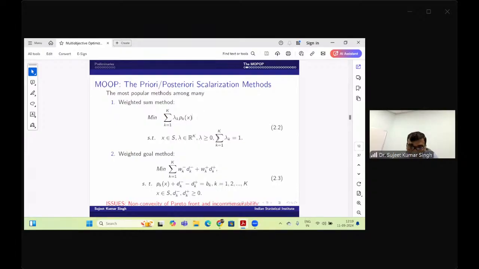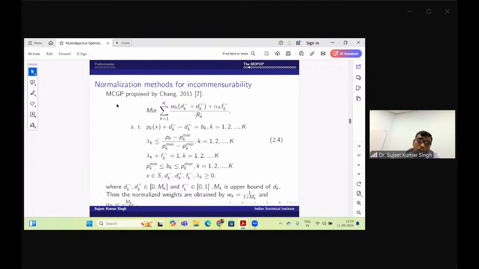So to deal with these incommensurability and non-convexity of the Pareto front issues, the most robust method was developed by Chang and others in 2011, that is called multi-choice goal programming. What they did is that they assign a goal to the objective function, and instead of assigning a fixed goal, they assign an interval of goals to each individual objective function.